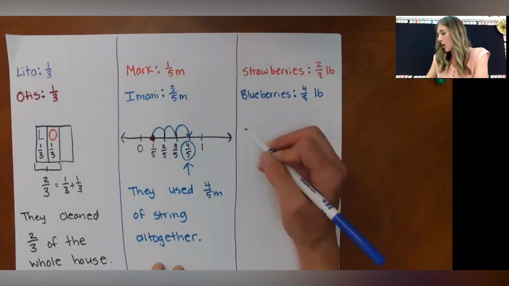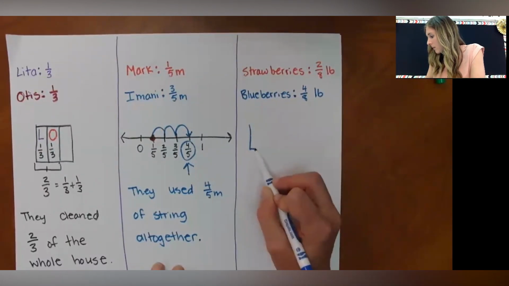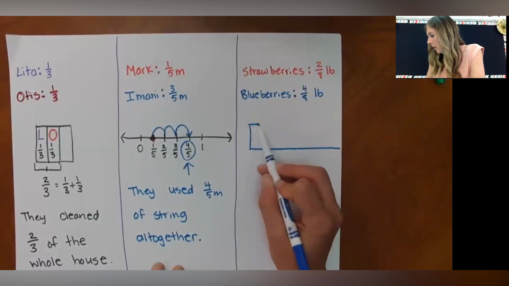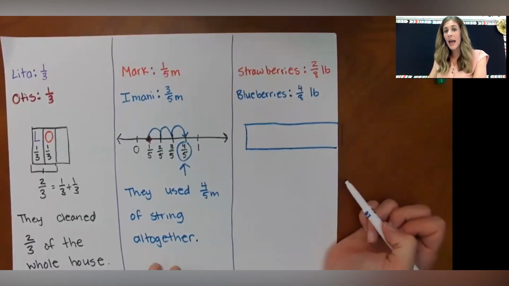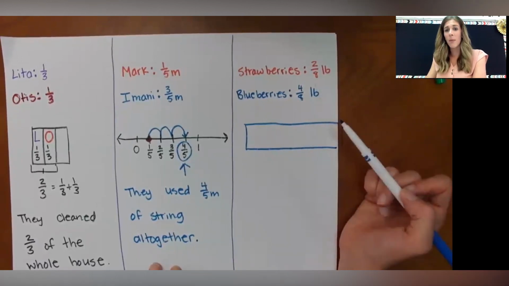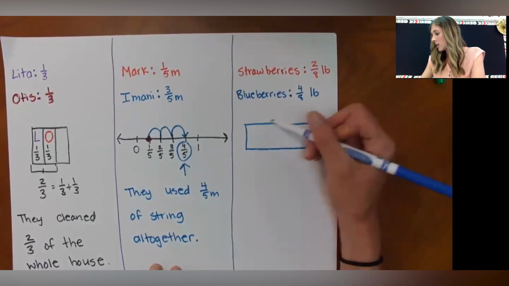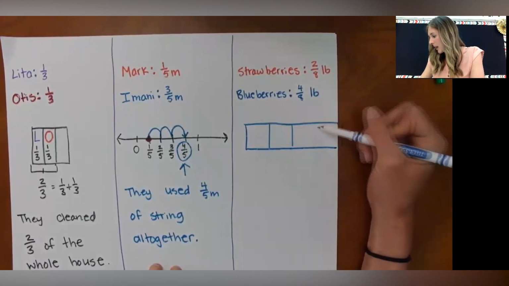So I'm going to draw a model. Woo, barely fitting on my page. And I'm going to divide it into eighths because my denominator in both fractions is eighths. We're looking at 1 whole pound. So I'm going to split in half, and I'm going to split my halves in half.